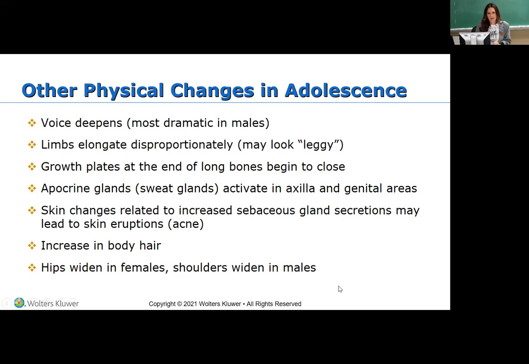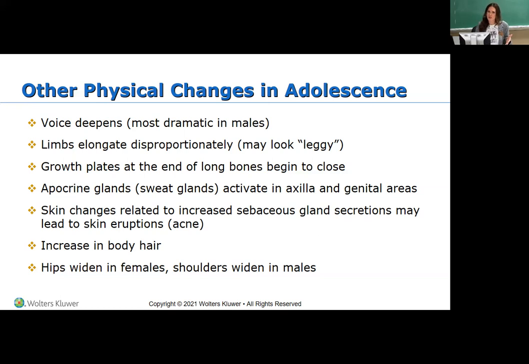What happens as far as the physical changes for our females and our males, not only sexually, but you'll see a hip widening in the females. Their hips are widening and preparing for the onset of menses. Once we start menses, they can start carrying babies.